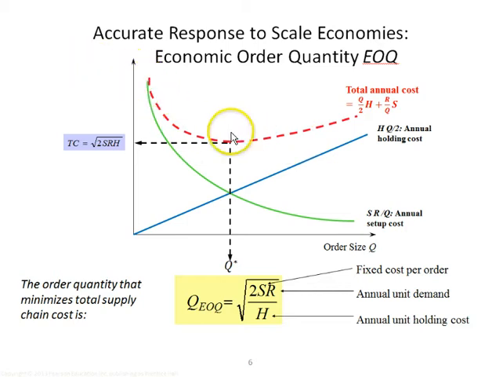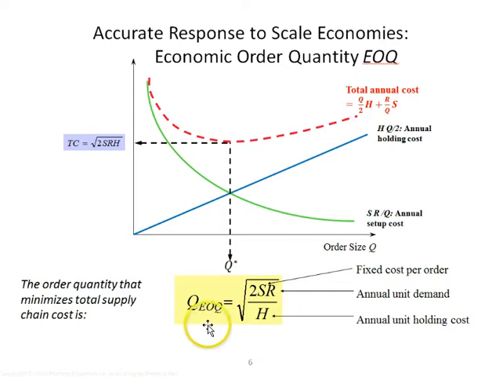If we observe on this graph, the total cost function, the dashed red line, is minimized somewhere in this approximate area. If we can find the Q quantity associated with that value, then this is the quantity at which the total cost function is minimized.